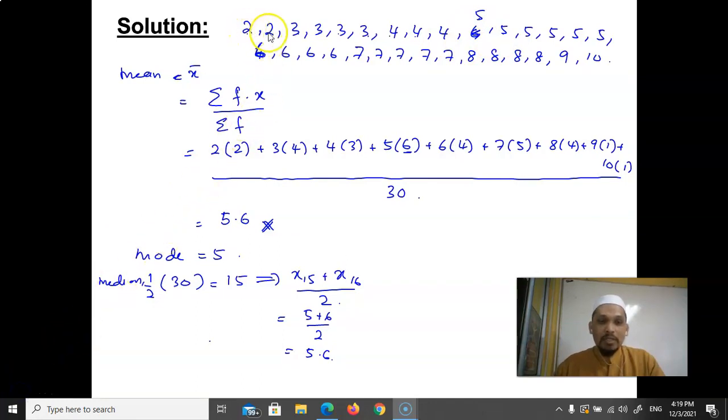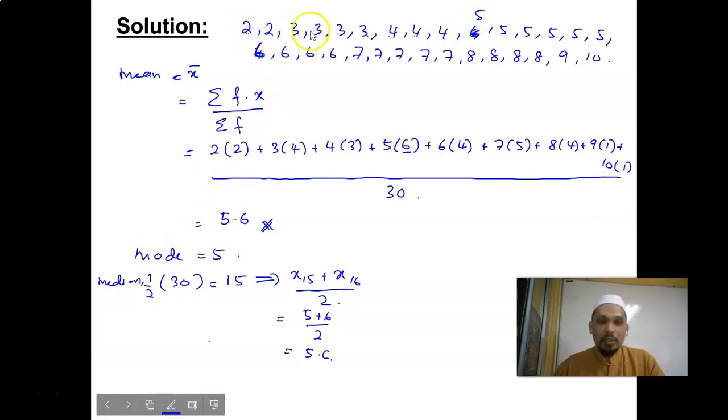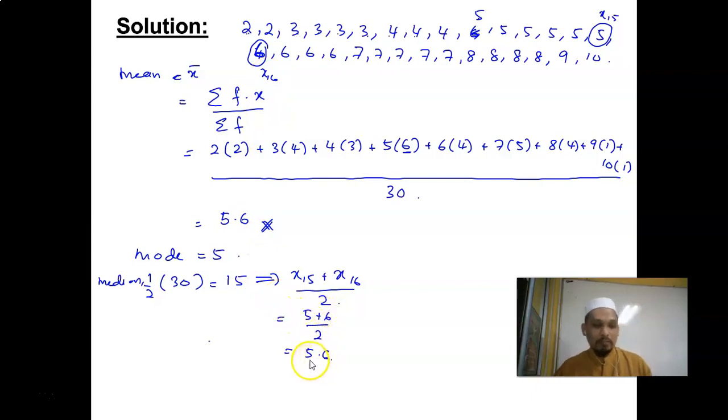First observation, second, up to 15. This is the 15th observation, and the 16th observation is equal to 6. So 5 plus 6 divided by 2, then you get 5.5.